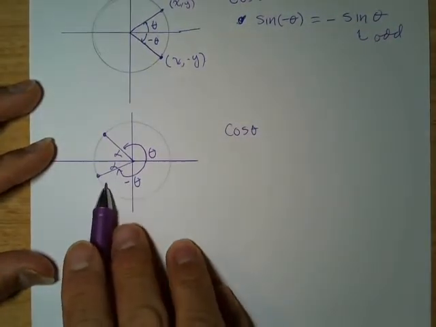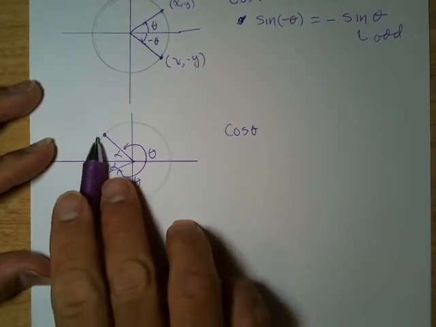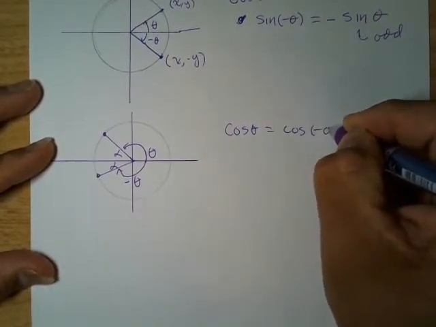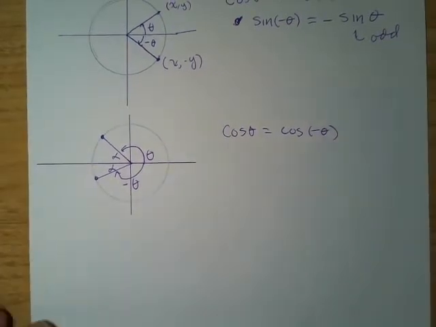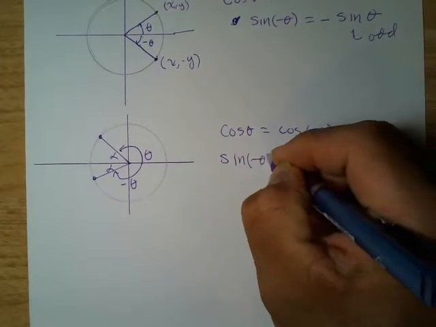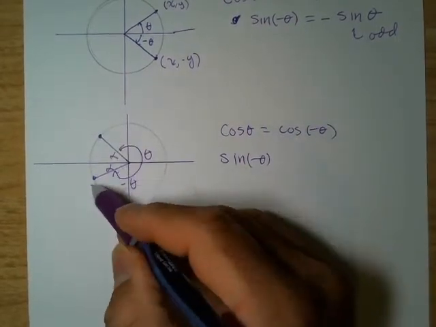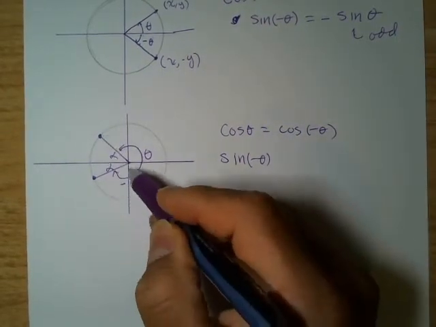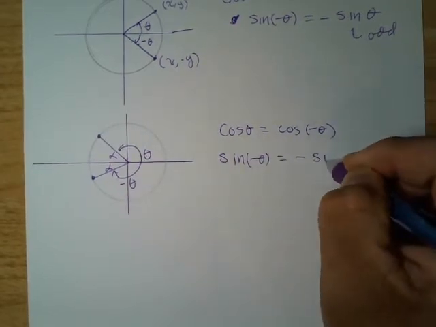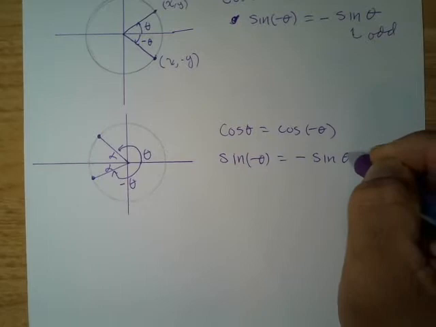In this case, the x value would be the same, so cosine of theta would be equal to cosine of negative theta. Now in terms of the sine of negative theta, whatever this would be, it would be the opposite. So in this case, if it's negative, up here would be positive, so we get negative sine of theta.